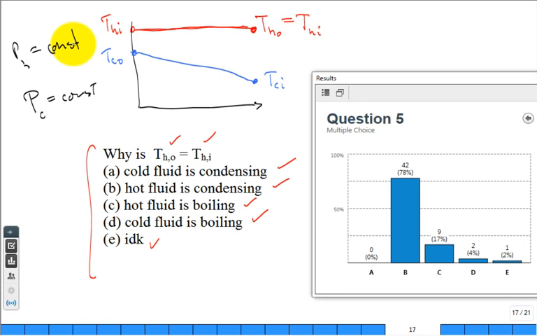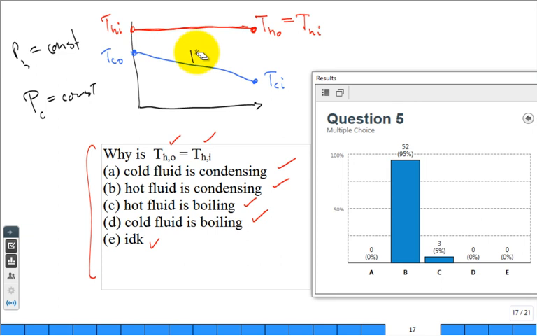Anytime you force fluid through a real component, there is some pressure drop. But our underlying assumption is a good heat exchanger has minimal pressure drop. Some of them have more than others, I agree. But think that there's negligible pressure drop on the hot and negligible pressure drop on the cold. Okay. With that, one of them is changing phase. Which one is changing phase? Is the cold changing phase? No. It's basically what they call the sensible heating.